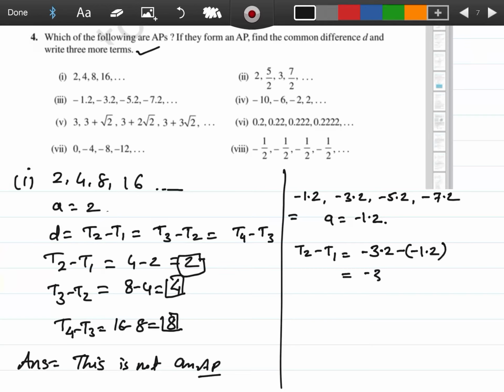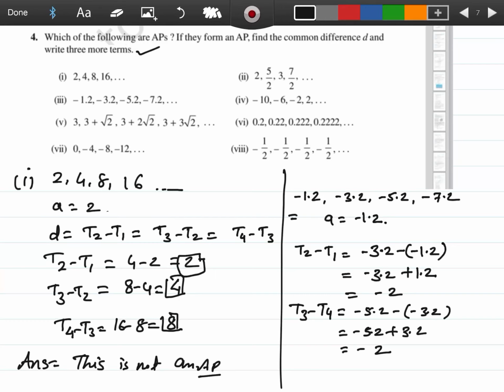So when we open the bracket, minus minus will become plus 1 by 2. -1 + 1/2, so the answer will be -1/2. And T3 minus T2, that is -3/2 minus (-1), giving again -1/2 you will get.